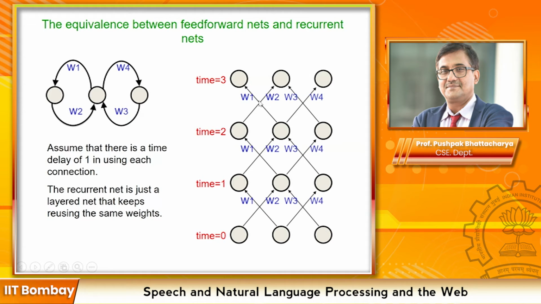Now suppose the change in weight here is 0.5, here is 0.7, here is 0.6. Then I'll add 0.5, 0.6, 0.7, which is 1.8, to all of them.